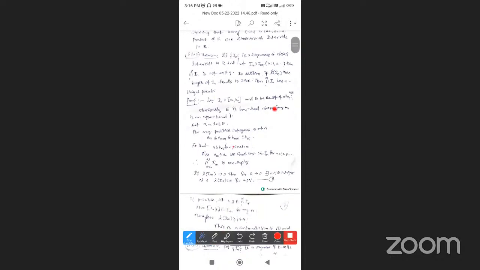If In is a sequence of closed intervals in R such that In is a superset of In+1, for n equal to 1, 2, 3, and so on, then the intersection of In for n from 1 to infinity is not empty.